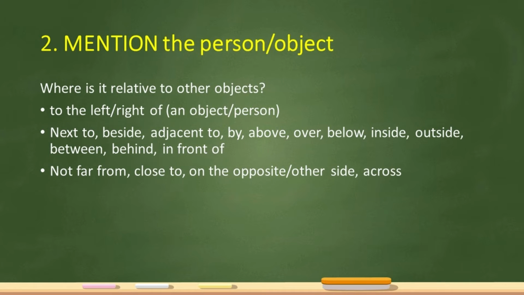Alternately, you can describe the relative location. For that, you can use some of these indicators. You will say, to the left of something, beside something, not far from someone. In fact, it's good to use both methods when you're describing the picture. It gives variety to your response.